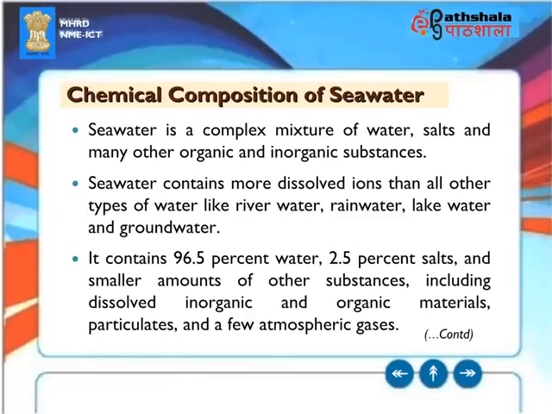Chemical composition of seawater. Seawater is a complex mixture of water, salts, and many other organic and inorganic substances. Seawater contains more dissolved ions than all other types of water like river water, rainwater, lake water, and groundwater. It contains 96.5% water, 2.5% salts, and smaller amounts of other substances including dissolved inorganic and organic materials, particulates, and a few atmospheric gases.